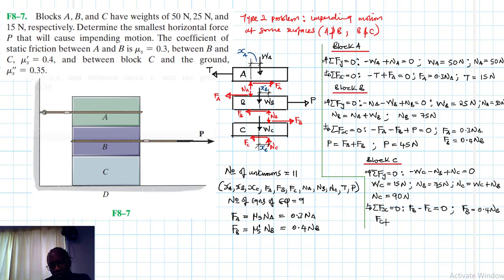Therefore, FC is going to be equal to 0.4 by NB, and NB is 75. So this gives us 30 newtons. So let's check for slip between C and D.